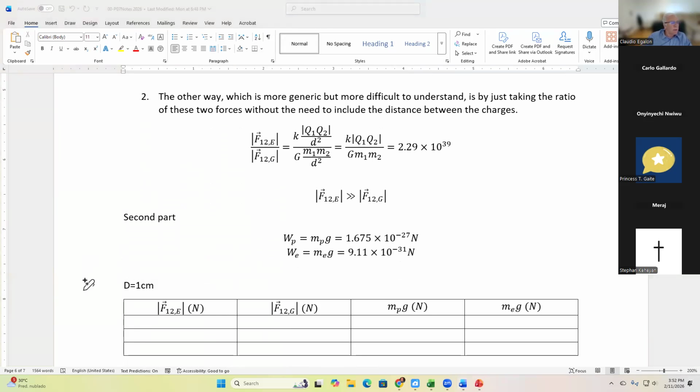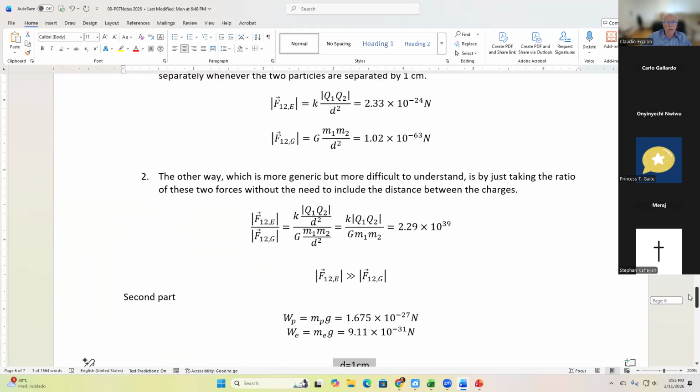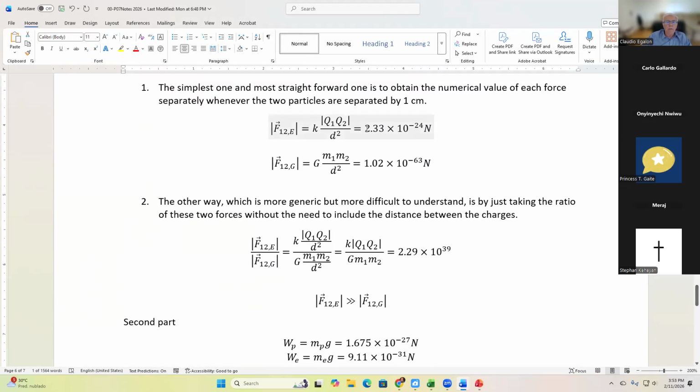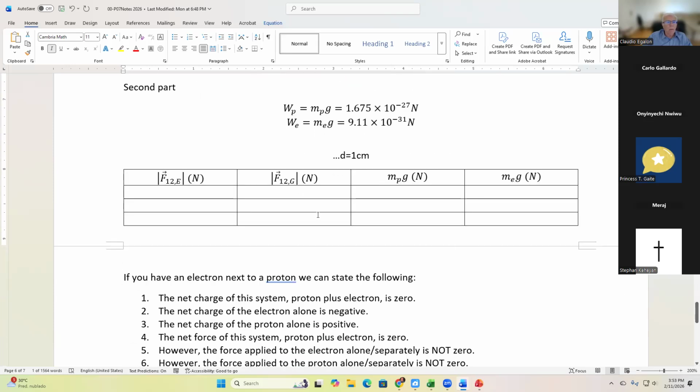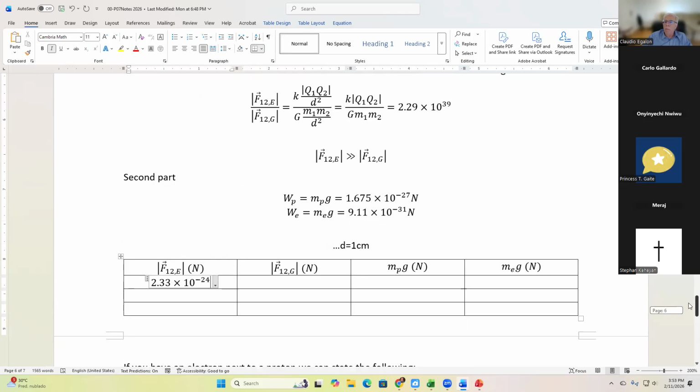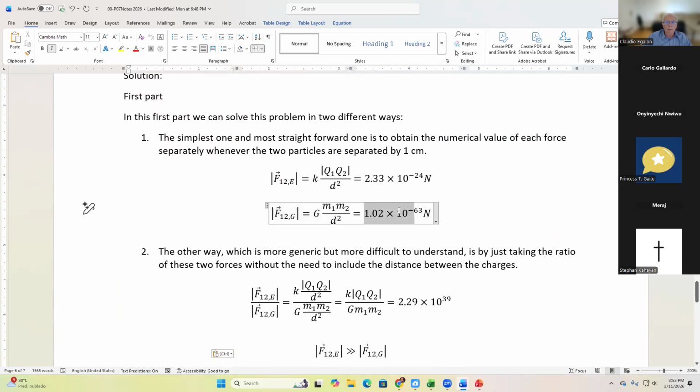One more student coming in. 1, 2, 3, here you go. Now let's copy and paste what we had there. Electric force. Gravitational force.